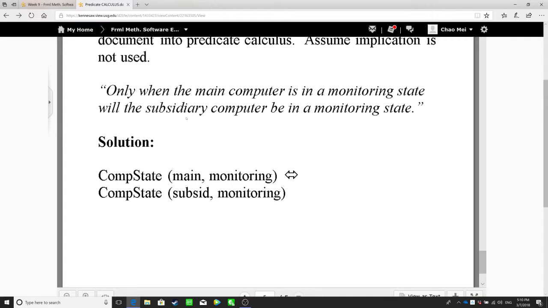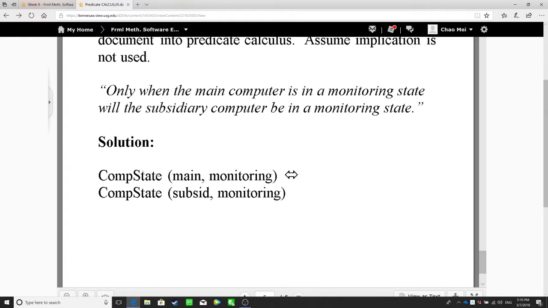It also provides you with the information that both of the computers have a computer state, and the computer state in this case is monitoring for both of them. If we change that to only when the main computer is in an idle state will the subsidiary computer be in a monitoring state, this changes to computer state main idle, computer state subsidiary monitoring, right?